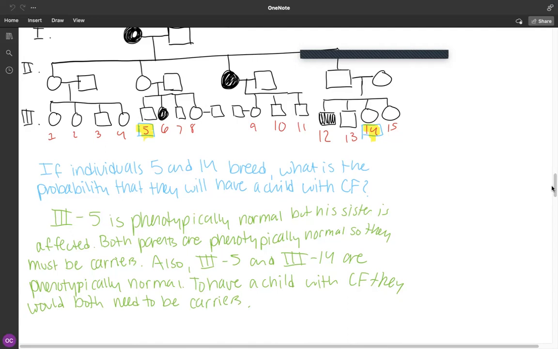And this is the same with individual 14. You'll notice they have a sibling who is affected, and both of their parents are phenotypically normal, meaning that they must be carriers. So individuals 3-5 and 3-14 are phenotypically normal. So to have a child with cystic fibrosis, they would both need to be carriers.